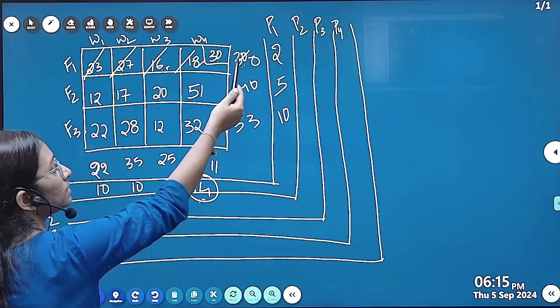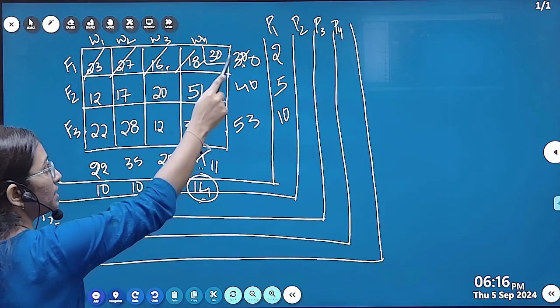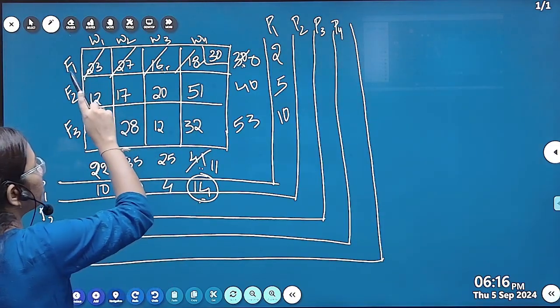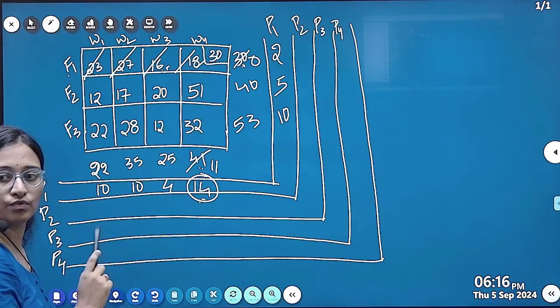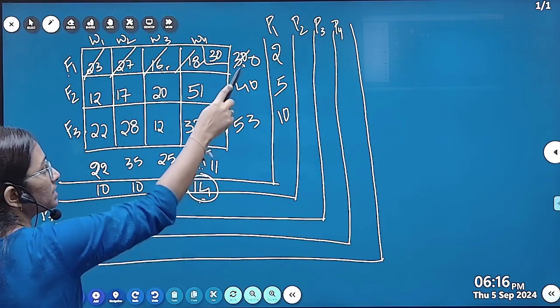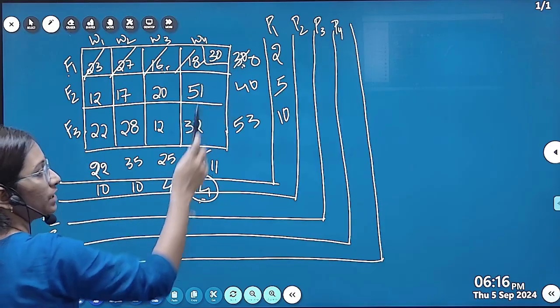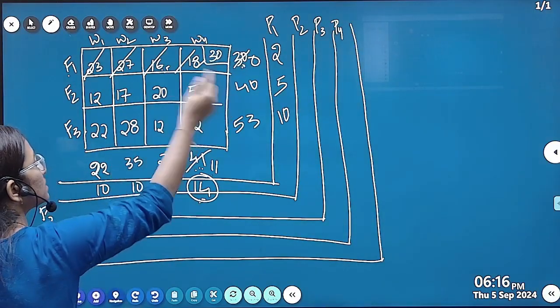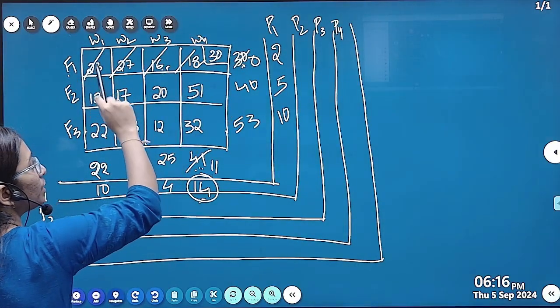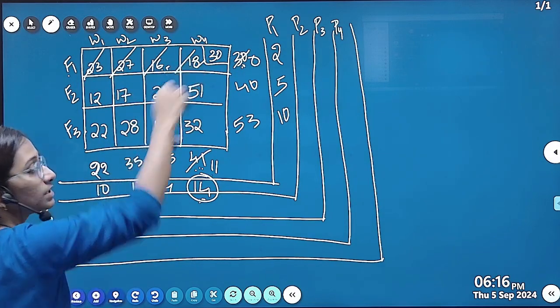So you can minus this 30 from this 41. That means whatever factory 1 required, 30 units can be provided by warehouse 4. So 41 minus 30, here it will be 11. So factory 1 already got 30 units, so it will become 0. So now this factory 1 has got the units it wanted. So you need to cross it.